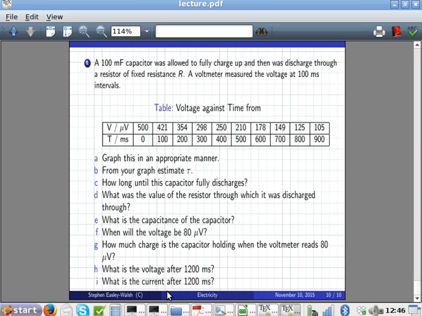Where's your graph? Show me your graph. So I did this number minus this number. I want the height of this triangle. You make a triangle and measure the height and the base. Do you understand what I'm doing here?